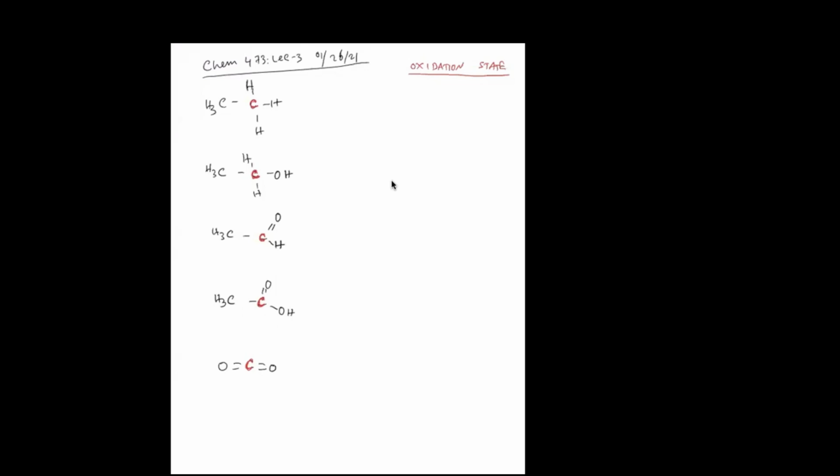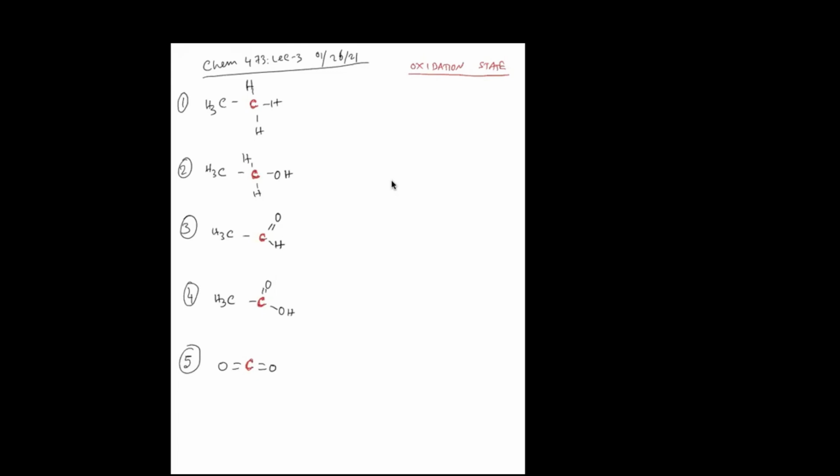In red. So if we think about the first compound, what is the name of this compound? Ethane. So how do we calculate the oxidation state of the carbon in red on ethane?